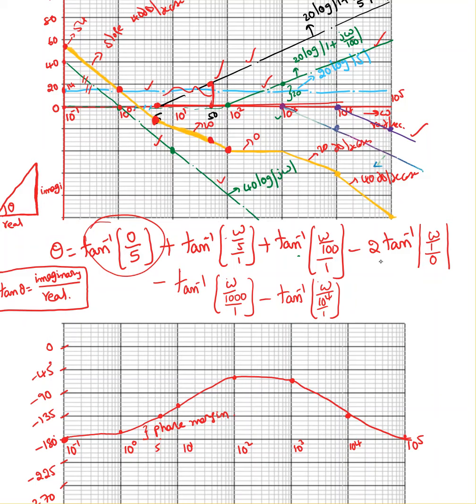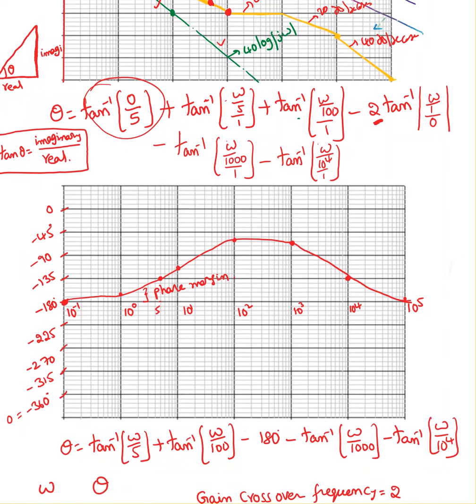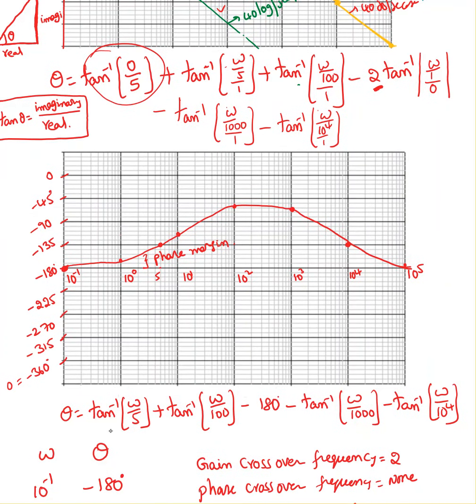At the same time, here I have 2 times because it's a repeated pole. Now imaginary over real part is 0, so tan inverse of omega over 0 is 90 degrees, 90 times 2 minus 180. So if I simplify that equation, I end up with theta equals tan inverse of omega over 5 plus tan inverse of omega over 100 minus 180 minus tan inverse of omega over 1000 minus tan inverse of omega over 10 to the power of 4.